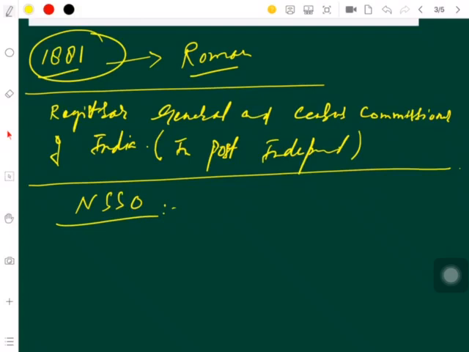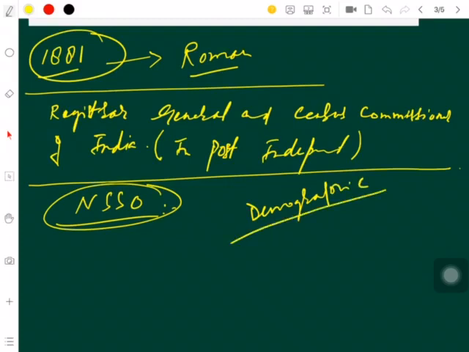Census of India and NSSO are major agencies at this level. The Census of India provides you the complete information about demographic conditions of the country. I don't have to explain what demographic conditions are, because we were just using this word in the questionnaire.